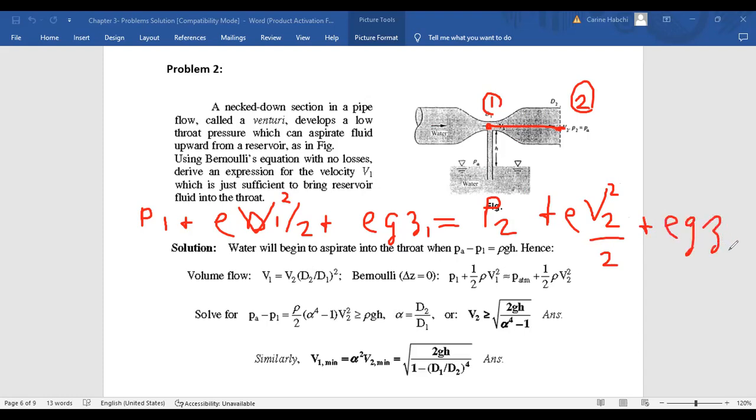Since we have the same height, rho g Z1 and rho g Z2 will cancel out.